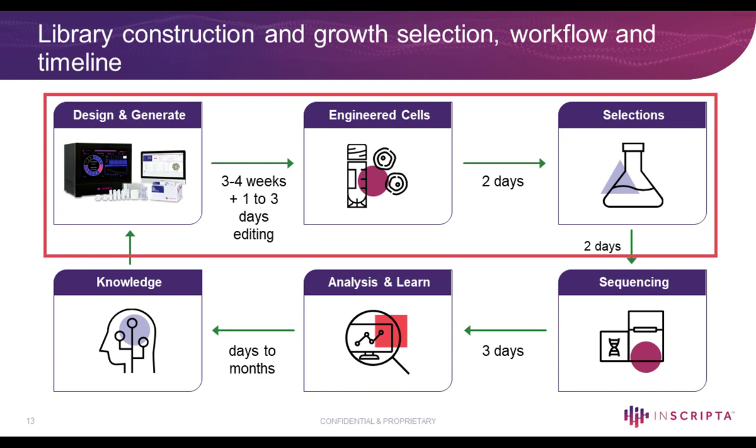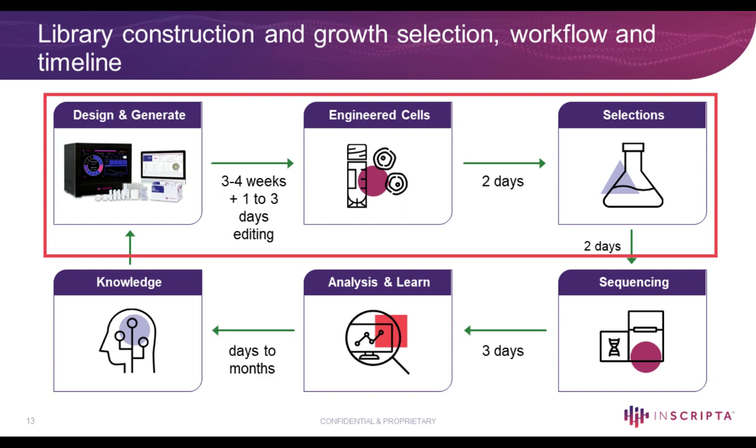The overall workflow of the Inscripta Onyx platform is that you work with the user interface to design and generate new modifications that you want made to the genome. In 3 to 4 weeks, you get your reagents, plus an additional day of editing, and then you have a tube of engineered cells that you can take for downstream selections. You then process those for sequencing.